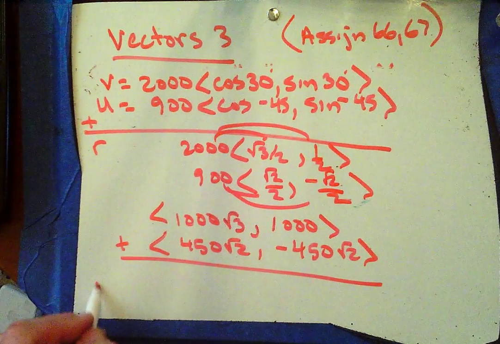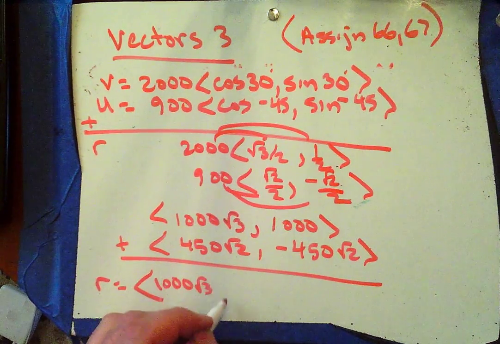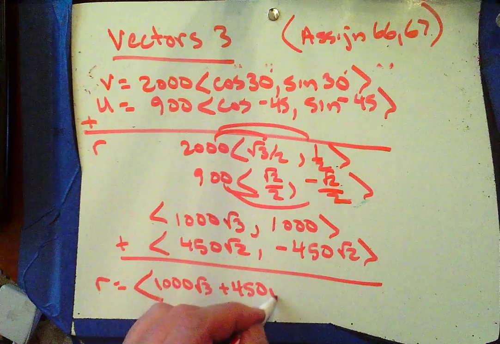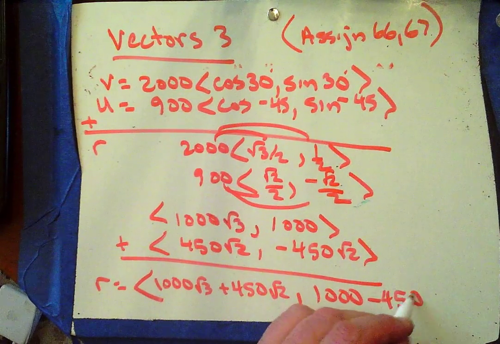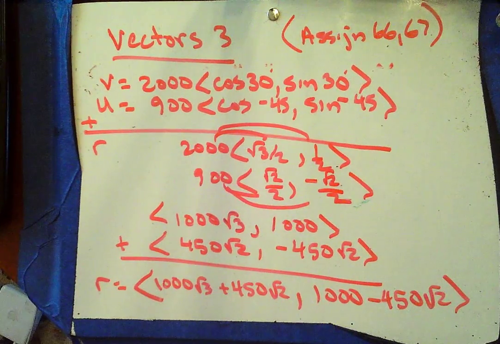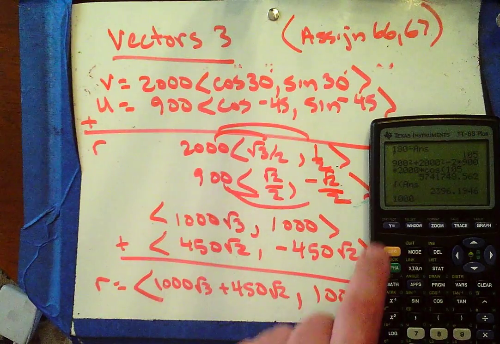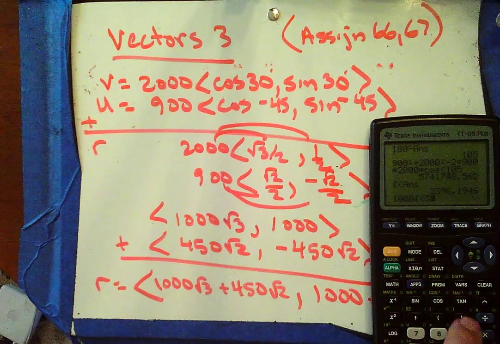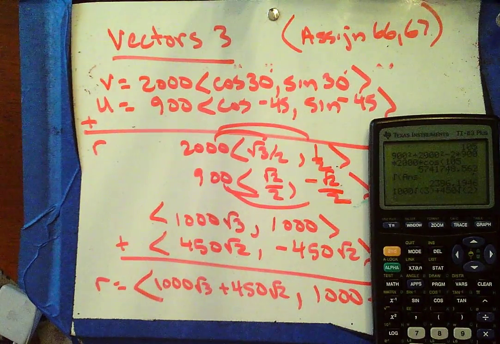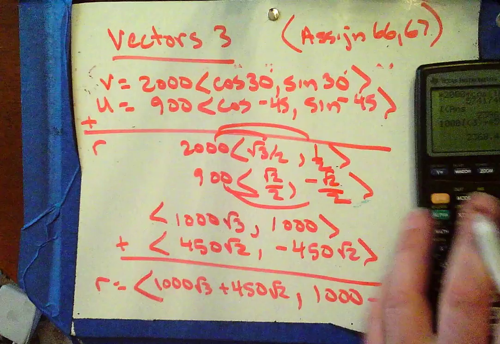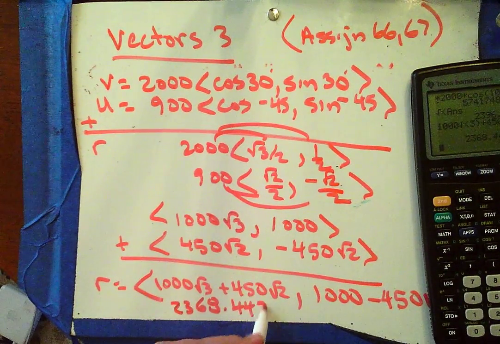And when we add these up, our resultant vector could be described 1,000 root 3 plus 450 root 2, comma 1,000 minus 450 root 2. Let's decimalize that. 1,000 square root of 3 plus 450 square root of 2, I get 2368.447.